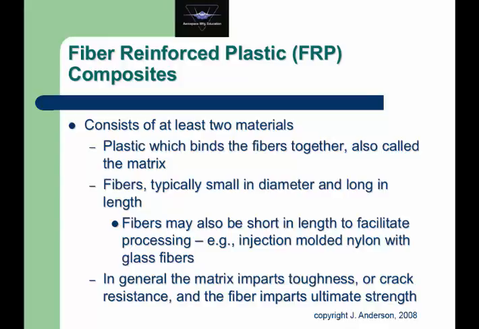And they have fibers, typically small in diameter and long in length. There are two types of fibers. There's short fibers that are sometimes referred to as staple fibers, and there's long fibers. These fibers are typically on the order of 5/10,000ths of an inch in diameter.